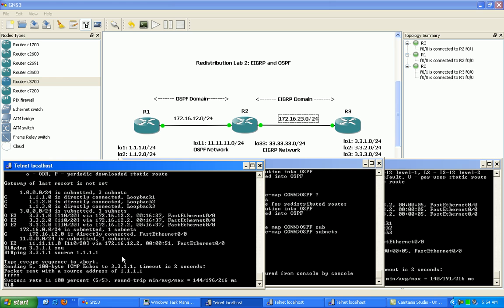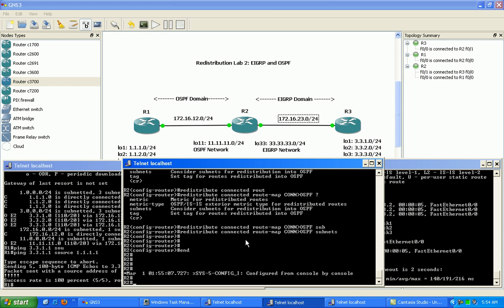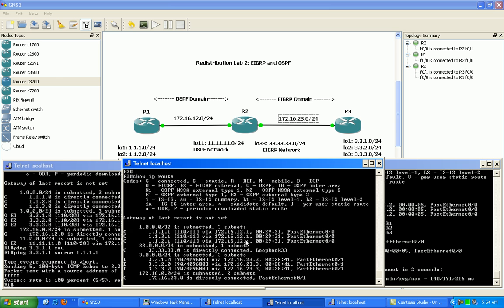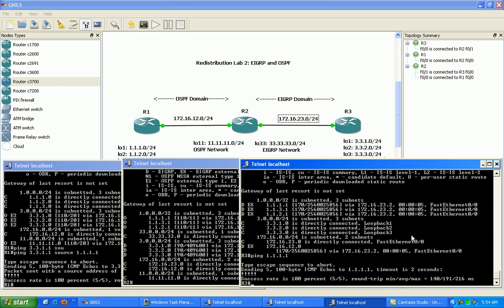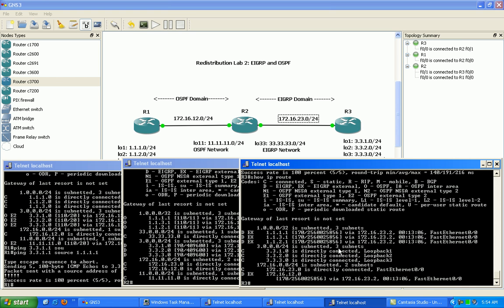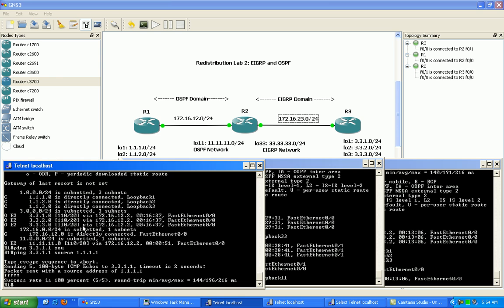And so when this packet comes from router 1 to router 2, router 2 knows how to get to the 3 network as well and the 1 network. And router 3, again, knows how to get back to the 1 network. So this process is fine here at this point.